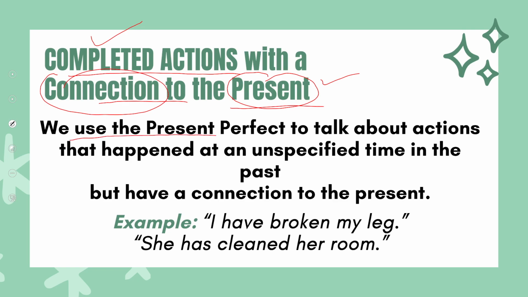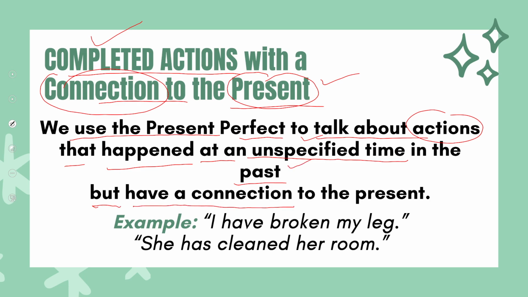We use the present perfect to talk about actions that happened at an unspecified time in the past. The time is not specified, it could be any time, and it happened in the past, but they have a connection, a relevancy to the present. So this is all about the present perfect tense and the situation in which we are using it.